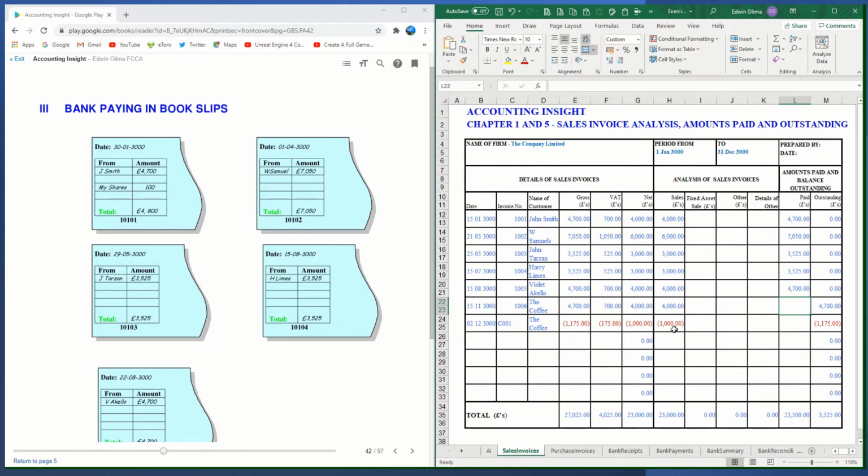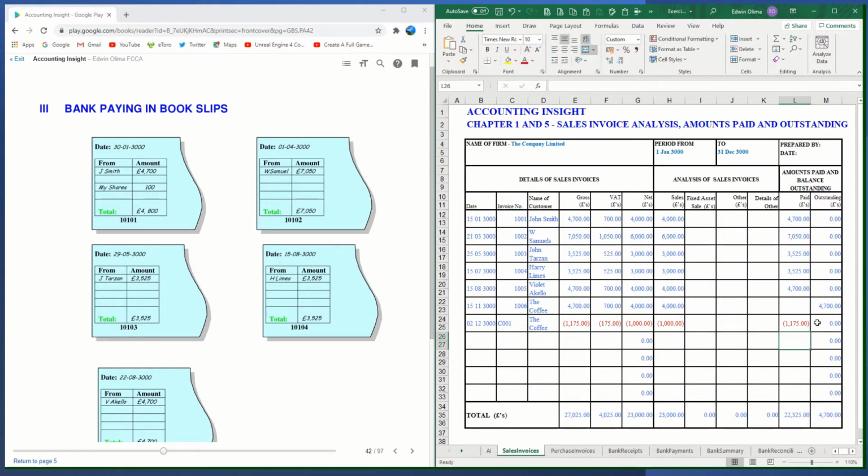In the coffee shop, you can see initially they had purchased 4 computers, they returned 1, and we gave them a credit note for that one. So what we're going to do, we're going to use this credit note to reduce the amount that the coffee shop owes. So what we'll do here is put in minus 1,175.